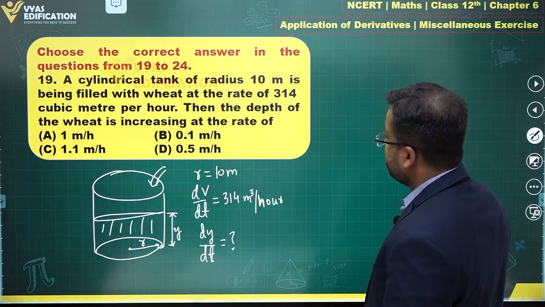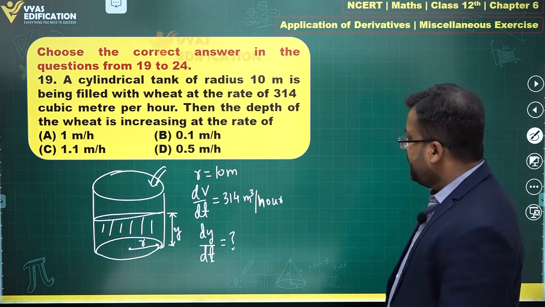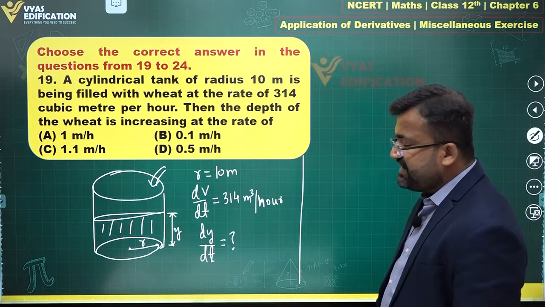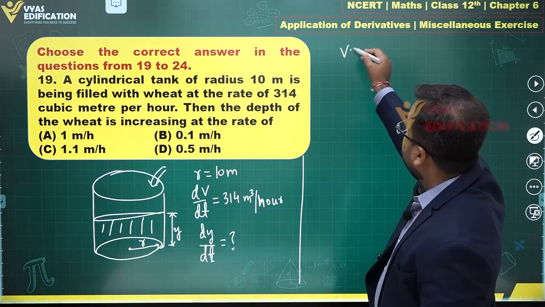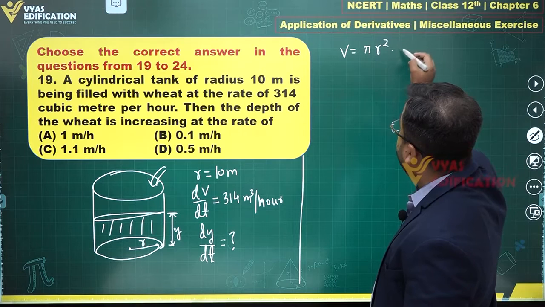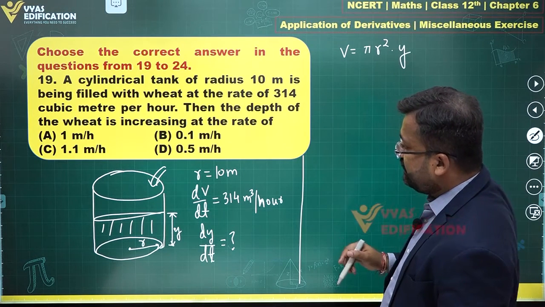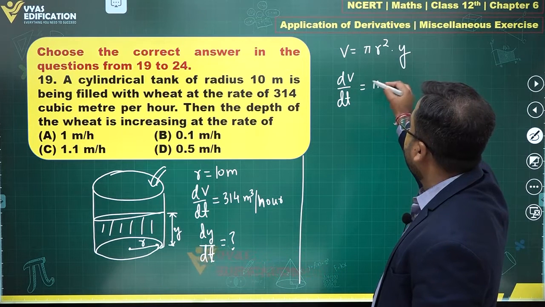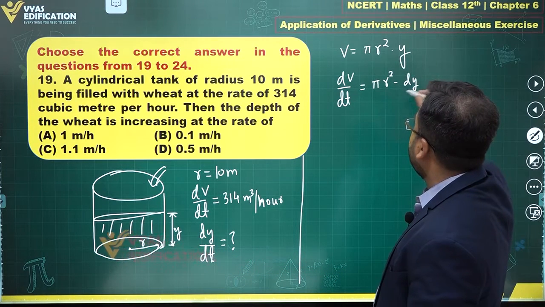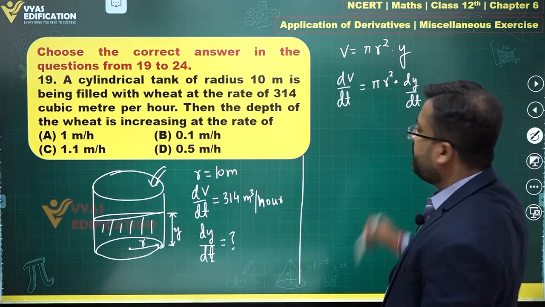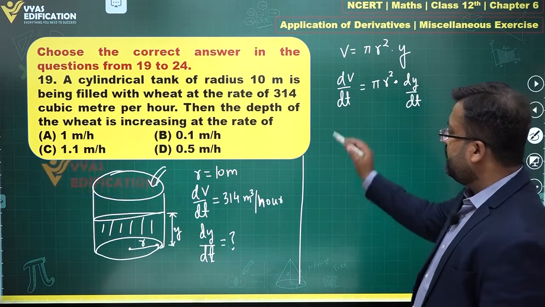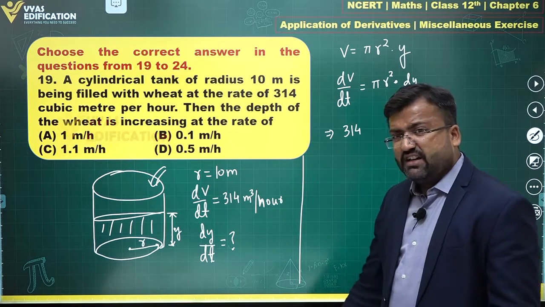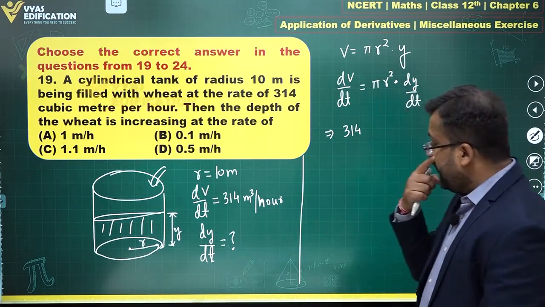Observe, for a cylinder we can easily write the volume as pi r square times y, which is the height, and dV by dt will be equal to pi r square times dy by dt, which is very simple. The units are consistent, so this will be in meter per hour.